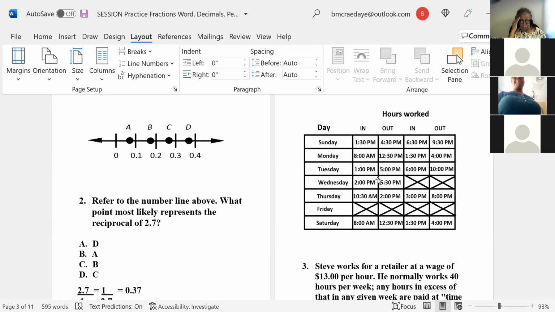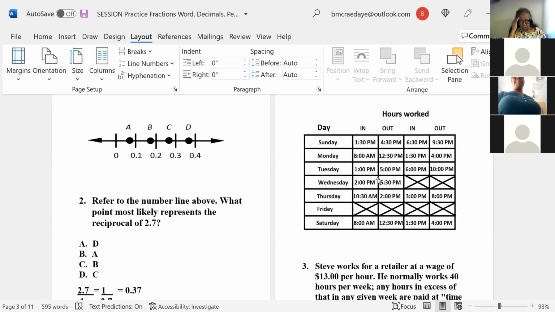From 10:30 to 2 is how many hours, Maureen? 4.5 hours? From 10:30 to 2? 10:30, 11, 12, 1, 2.